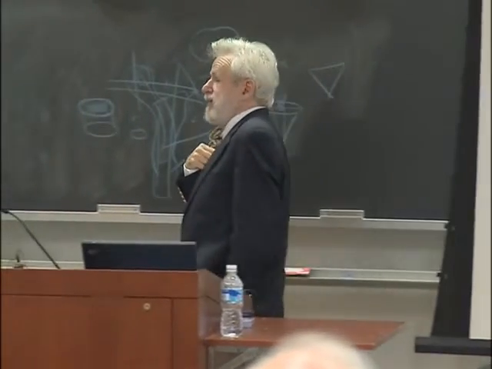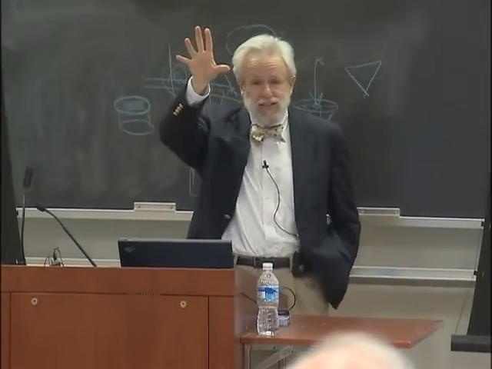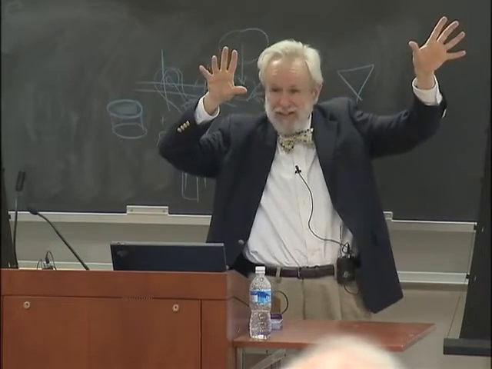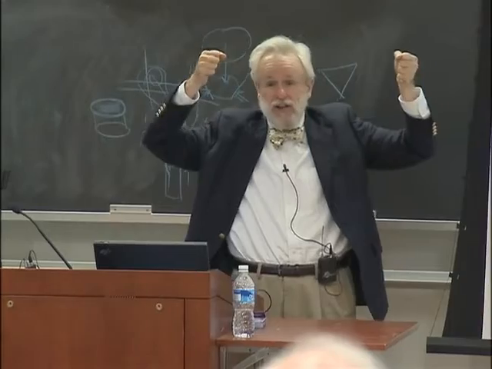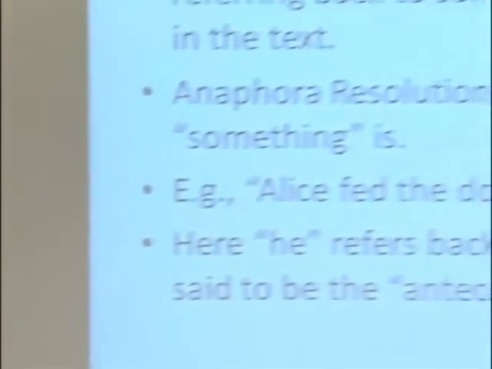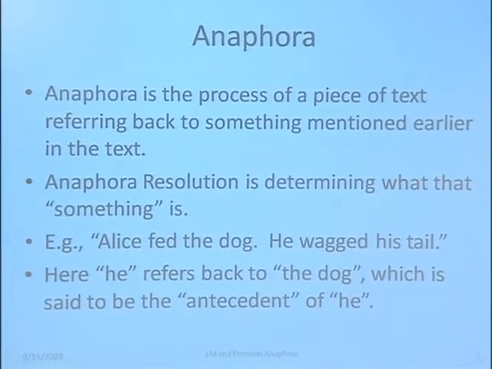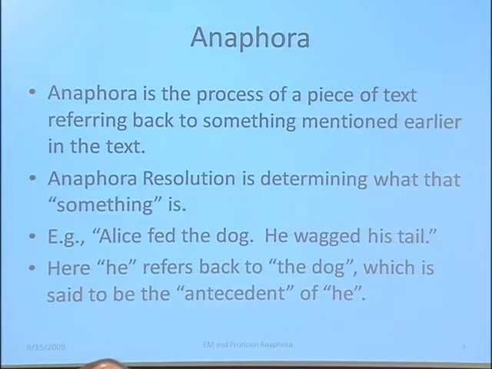Anaphora is used when you want to just say some piece of text doesn't refer to another piece of text. It is connected somehow, and that connection is called anaphora. Anaphora resolution, therefore, is determining what that other thing is to which this thing is connected.